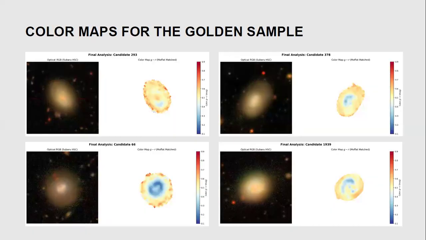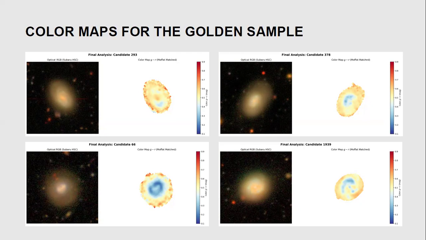There are some preliminary results. They are really beautiful color maps of my golden sample. For example, here we have the color for each pixel in the galaxies, and we can see inner regions with star formation activity with blue colors. Here too, this is the best candidate, with high values in the center and blue colors.